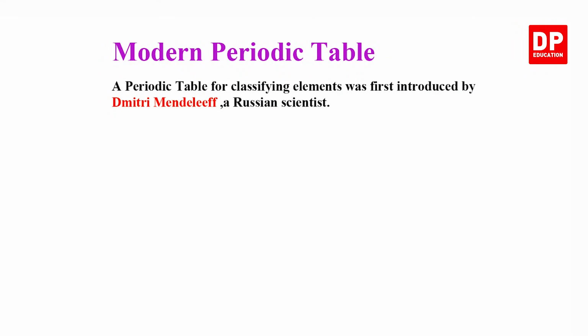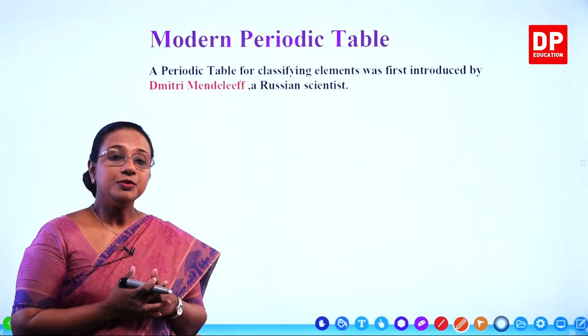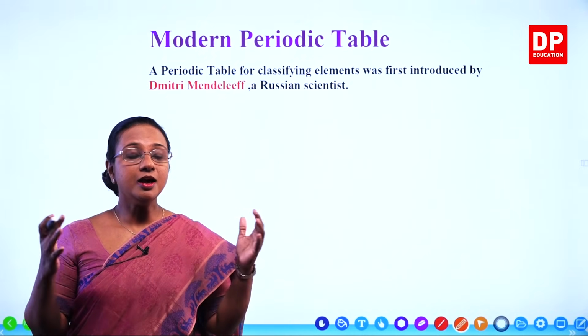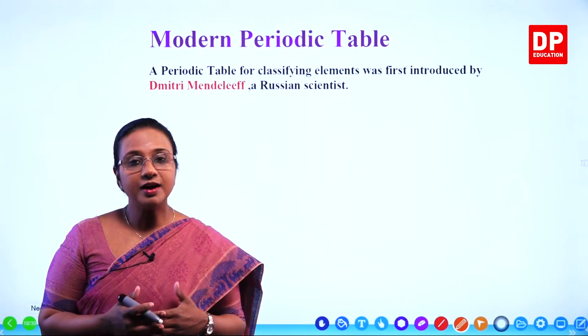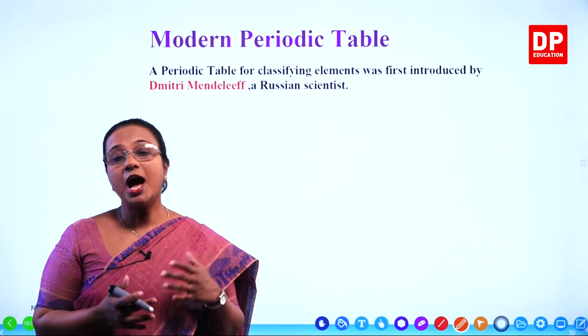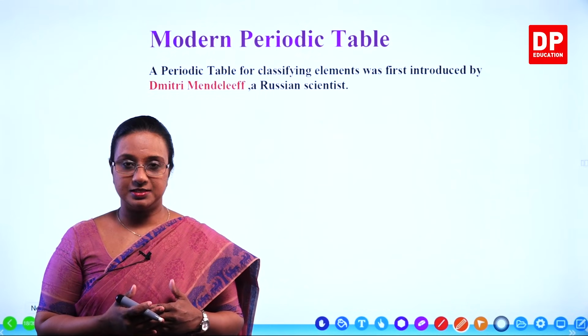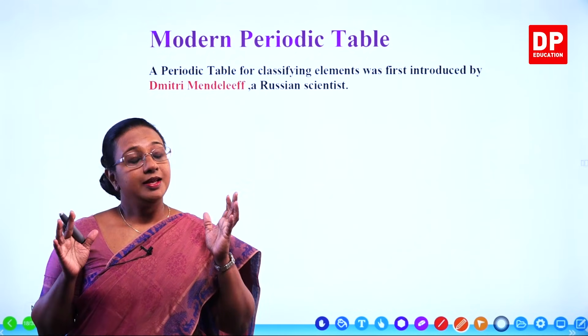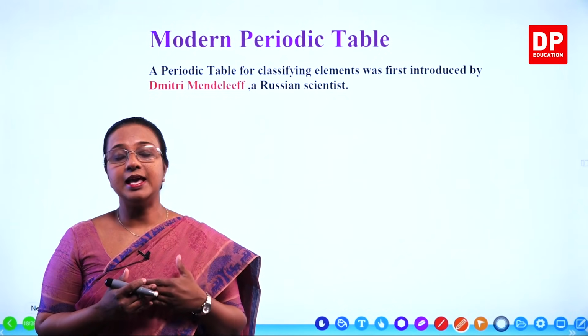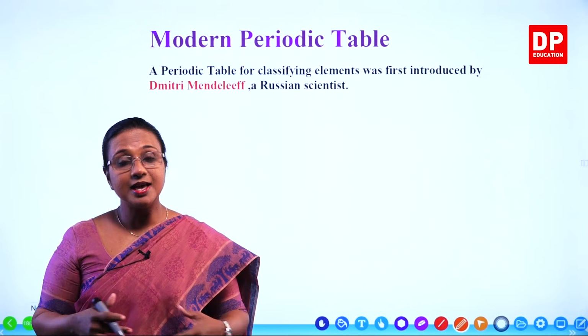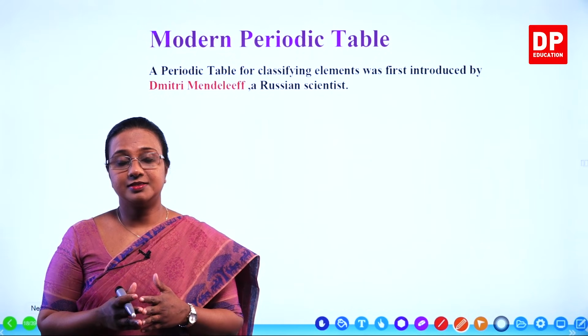So, modern periodic table. Now, you know, students, there are a lot of elements in nature. So far, they have identified about 115 elements. It's really impossible to know all the elements, the symbols, and their characteristics.